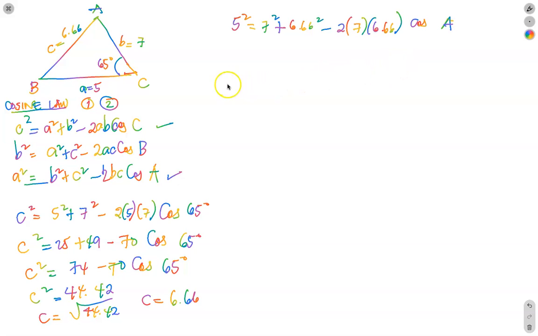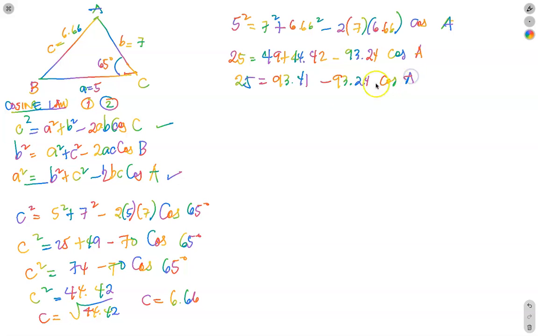Right? So let's simplify further. This is 25, this is 49, this is 44.42 minus 93.24 cosine A. So simplifying further, we have 25 equals 93.41 minus 93.24 cosine A. Remember that our goal is to solve for cosine A. So let's just move this one here to make it positive.